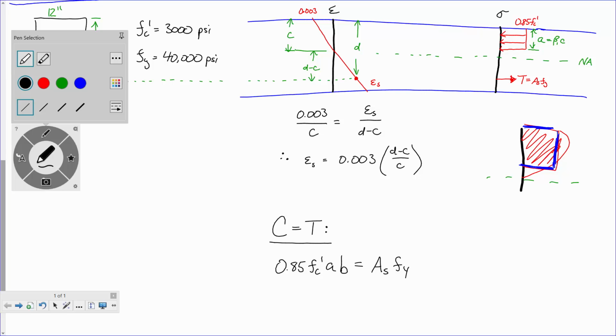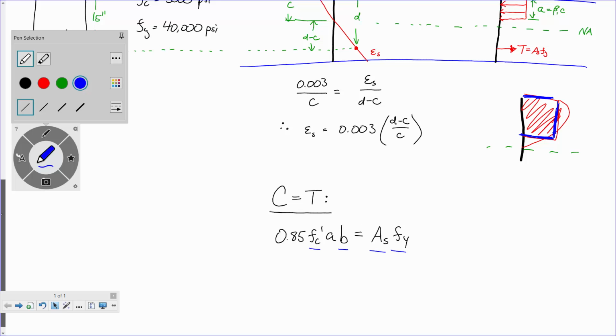So looking at our problem, if I use my little pen, blue, all right? We know f'c. We know b, it's 12 inches. We know the area of steel. We know fy. So what don't we know? a. We can solve this equation, and what it will give us is the depth of the stress block required to meet equilibrium.